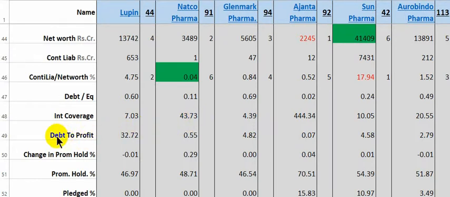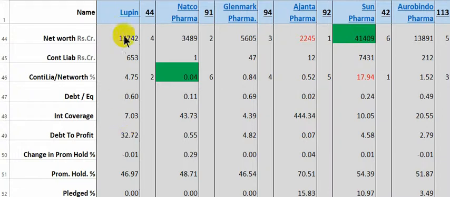Finally, let us look at debt to profit, that is, of the profit earned this year, how much was the debt against that. Lupin had a debt 32 times its profit. As the profit increases, the debt to profit component decreases, and if the profit decreases, then the debt to profit component increases.